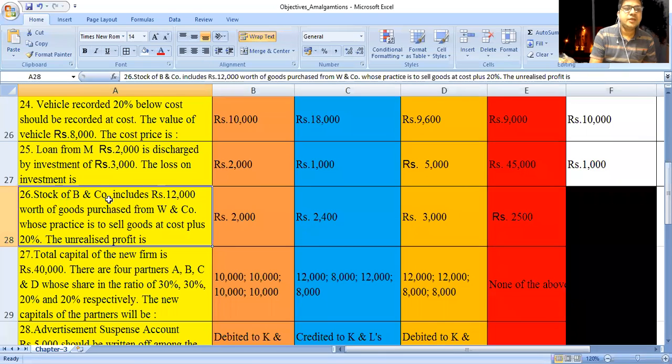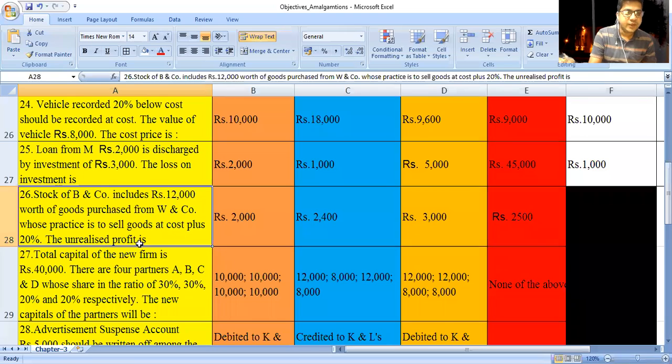It means B and Company purchased the goods from W and Company, and their practice is to sell the goods at cost plus 20%.